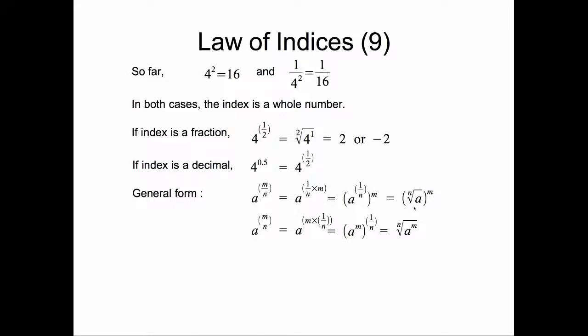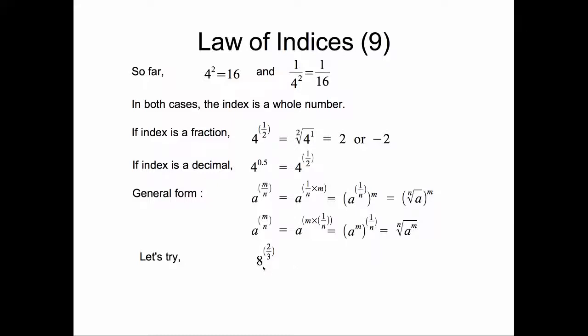Why I want to write it this way is to draw attention to that sometimes we may need a bracket to solve a problem, to facilitate an easier way to solve the problem. And the next example can help to illustrate this.